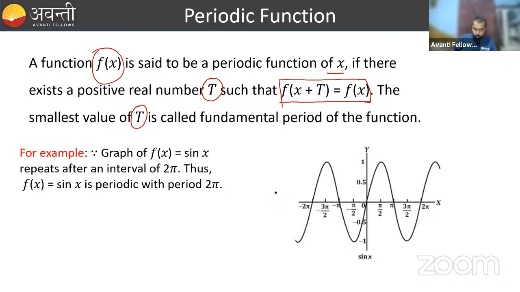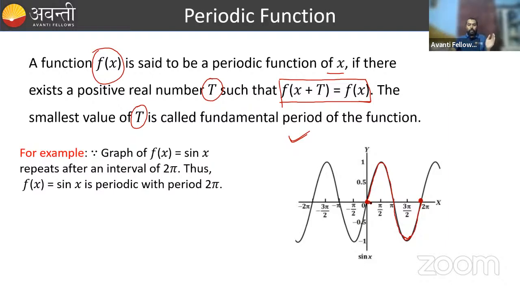Because in the graph you can observe, if I start the graph of sin x from the origin, it goes towards pi, 2 pi, and reaches the point 2 pi.